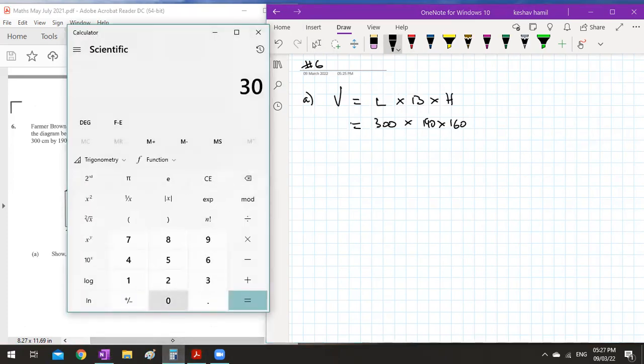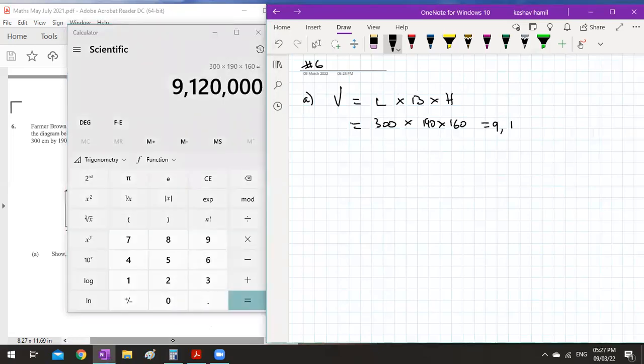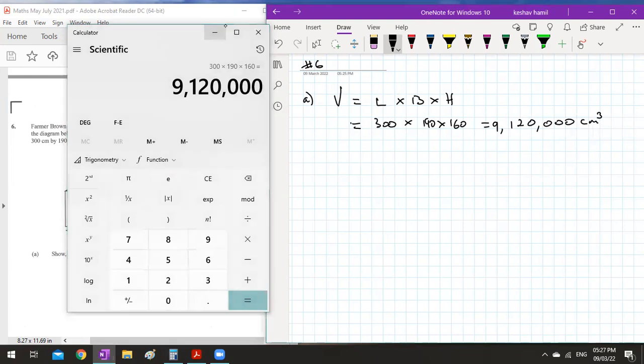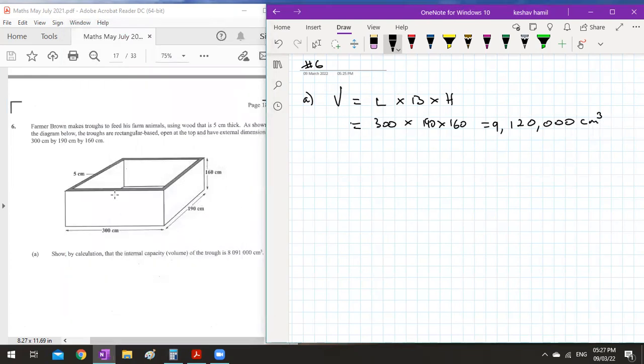I'm showing you this is the external volume. If the shape was a solid, you would get 9,120,000 centimeters cubed. Now, because the shape is not solid, we cannot use that.